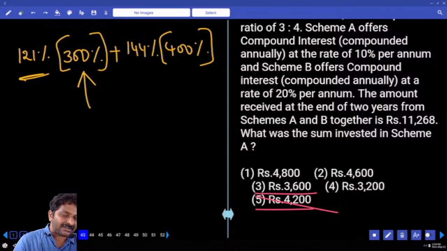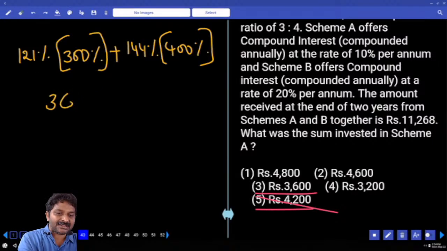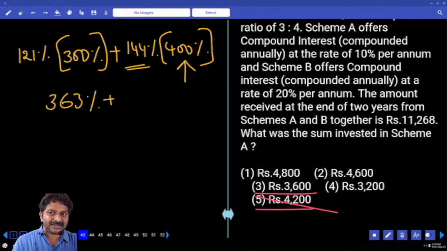What is 1% of this? 3. 121, 3 times, is 363. 144 percentage: 1% into 144. 1% of 400 is 4. 144, 4 times. Double. 144 double is 288, double is 576.